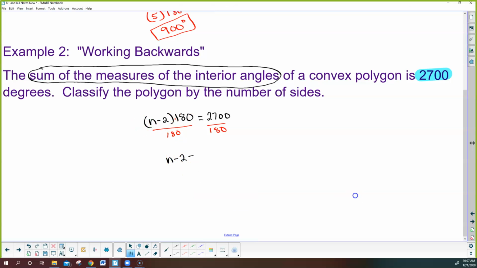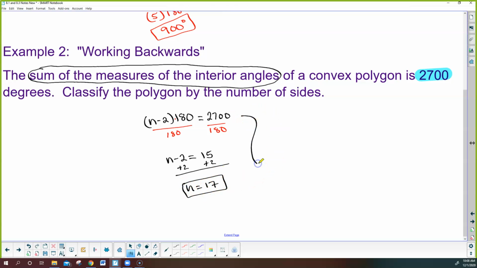And now what that gives us is basically the amount of triangles that we have left over, right? That tells me there were 15 triangles, because that's what N minus 2 was, but I don't want to know the number of triangles. I want to know the number of sides. So then the last step is moving the 2 over, and that means N is 17.